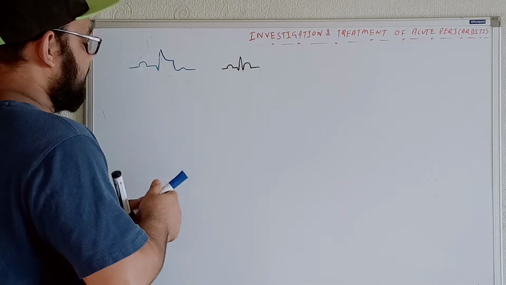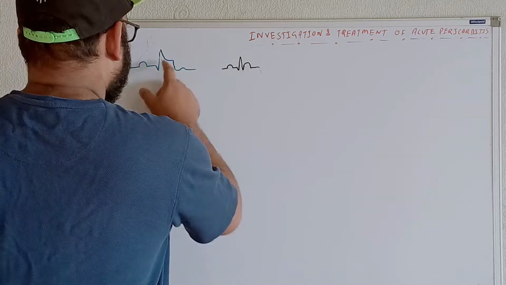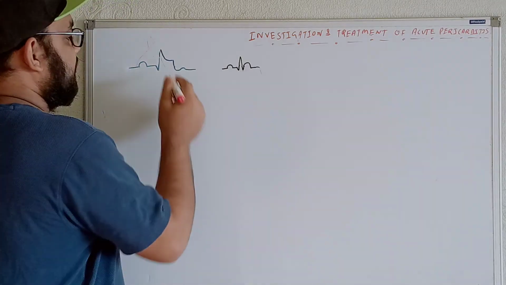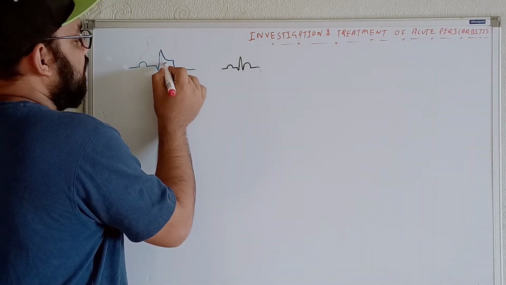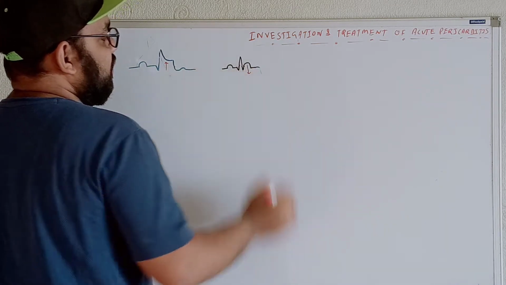As I said, in these cases the ST segment elevations we get, and the concave part will face upward, right? In this case, you see the concave part is facing upward, and in this case we will get the concave part facing downwards, right?